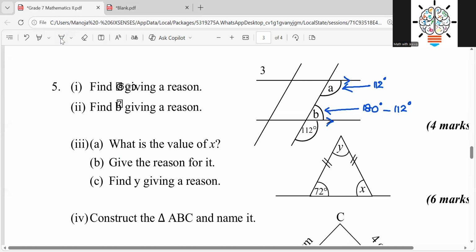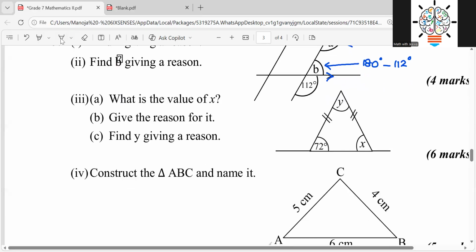So the next one, what is the value of x? Now you can see an isosceles triangle. Only two sides are equal, right? And you know these two angles also will be equal. Therefore, x is equal to 72. If x is 72 and this is 72, can't you find this one? Yes, you can. How? From 180, you deduct 72 and you deduct 72. The reason: angles in a triangle add up to 180.